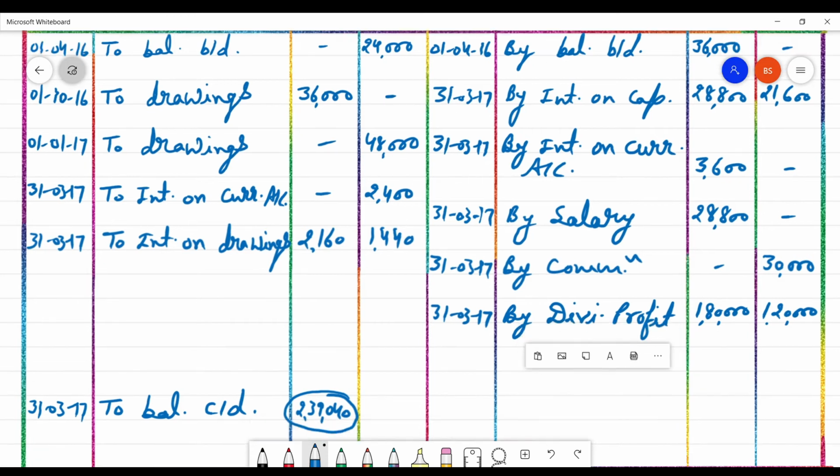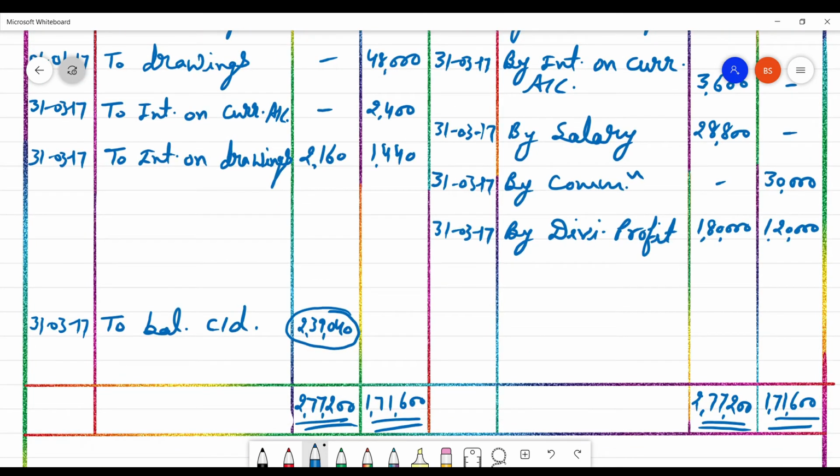So the amount will be 95,760. This was the closing balance of the current account of Hiral. So this was the sum, a lengthy sum, a long sum. It is completed.